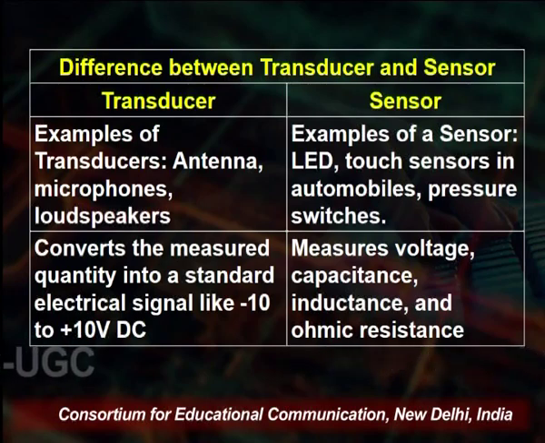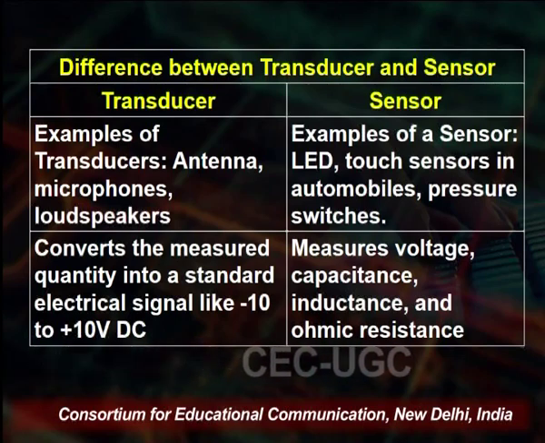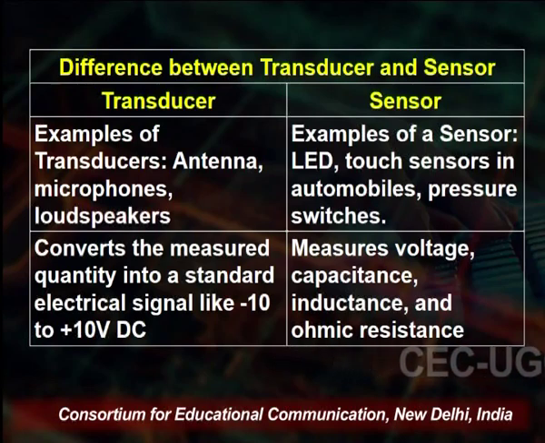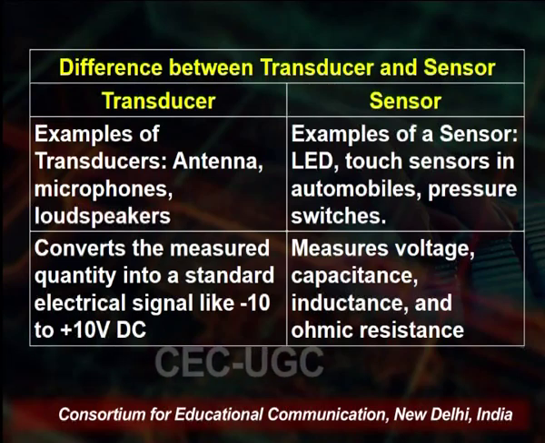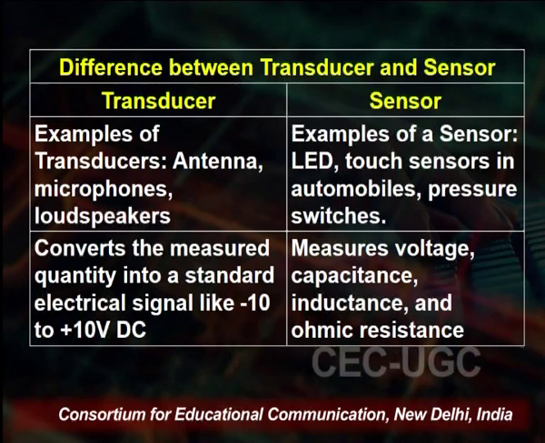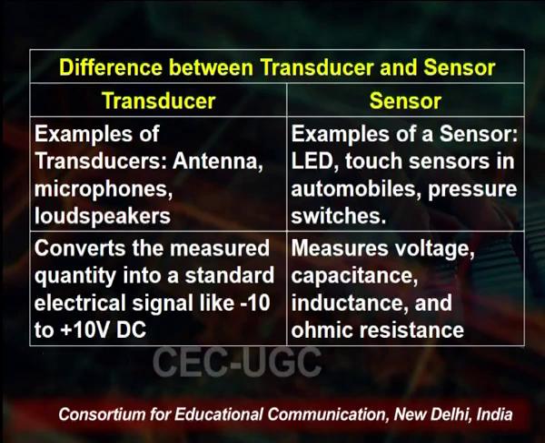Now if we take the transducer, it converts the measured quantity into a standard electrical signal, like minus 10 to plus 10 volt DC, but the sensor measures voltage, capacitance, inductance and ohmic resistance.